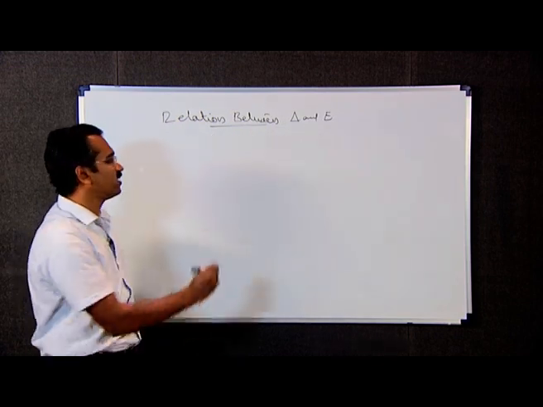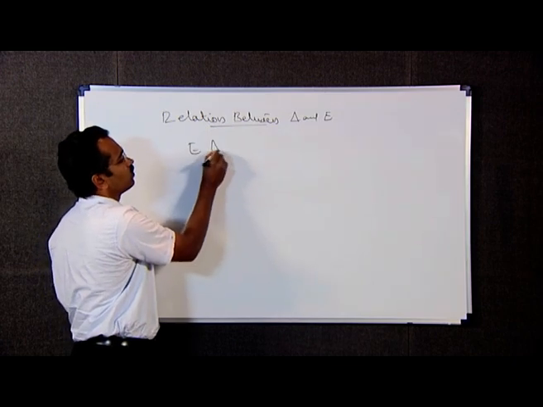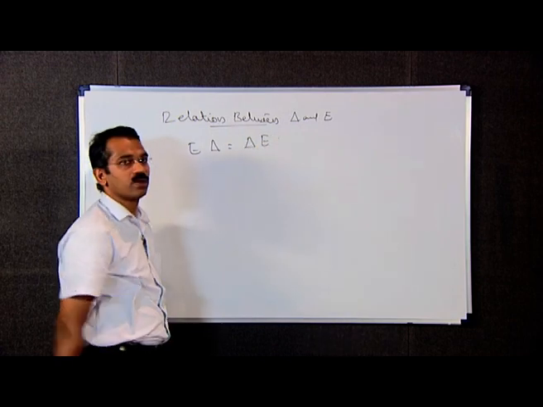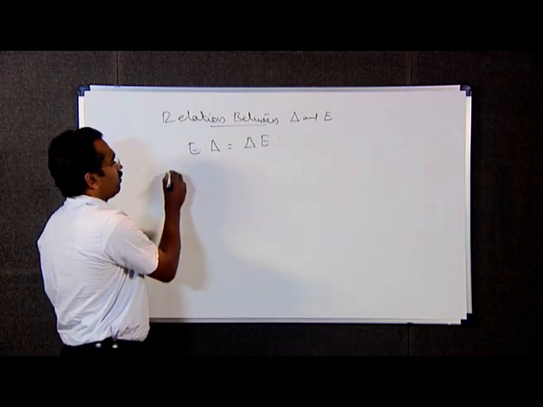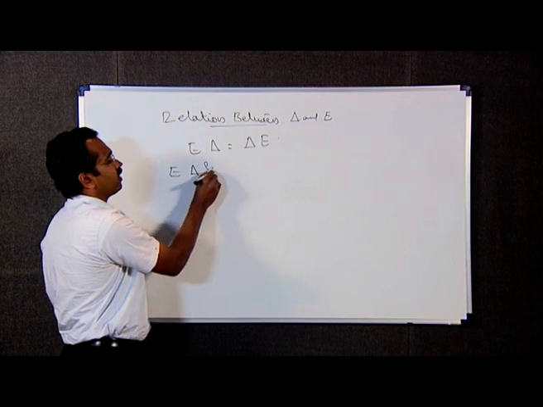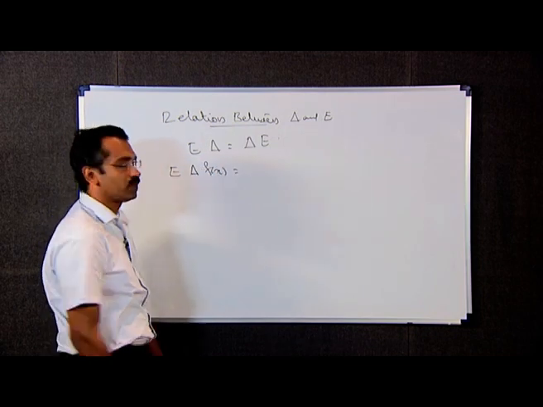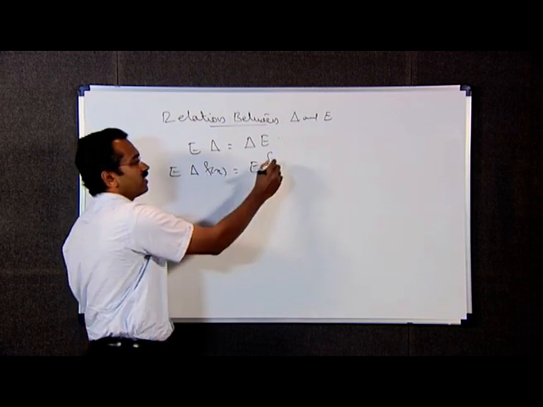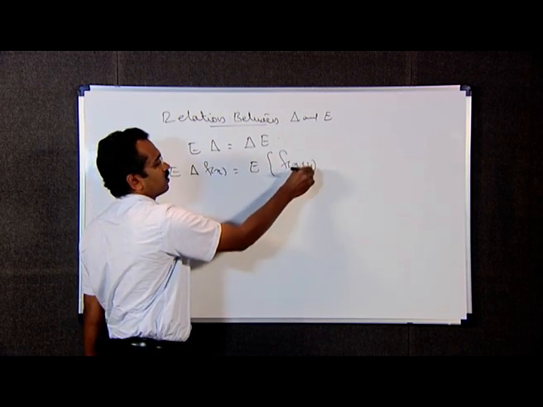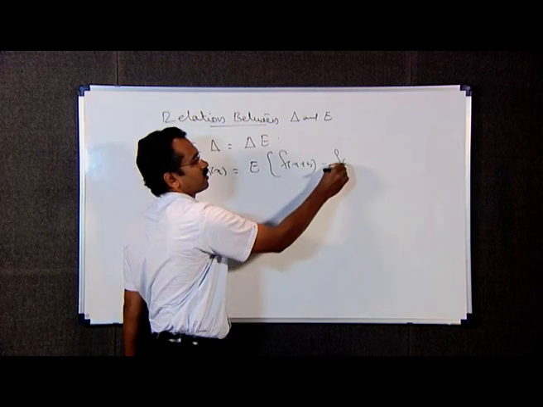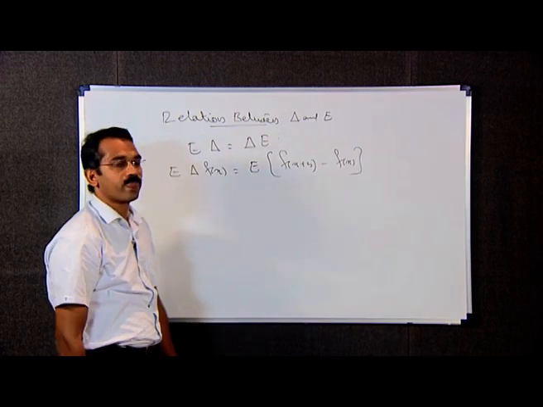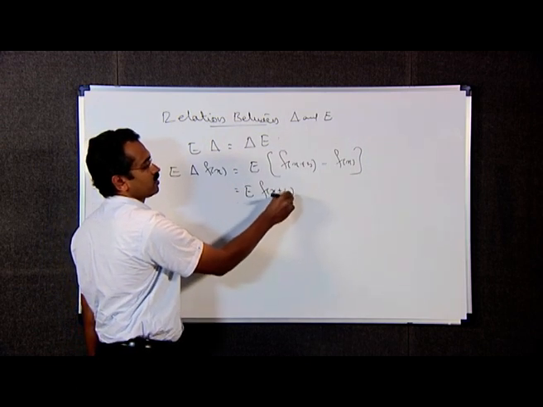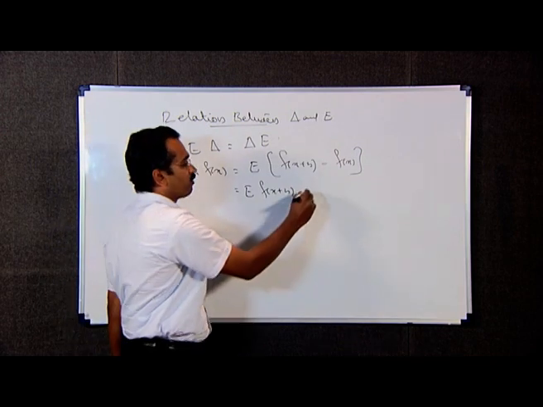The next identity is E delta is equal to delta E. We have E delta f of x is equal to E of, by definition of delta, f of x plus h minus f of x. That is equal to E of f of x plus h minus E of f of x.